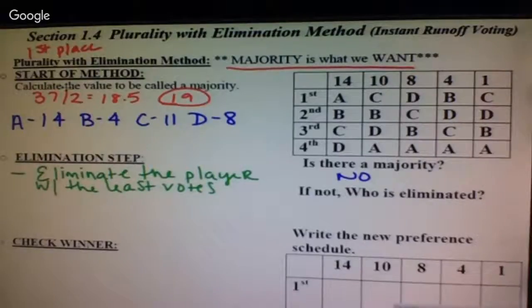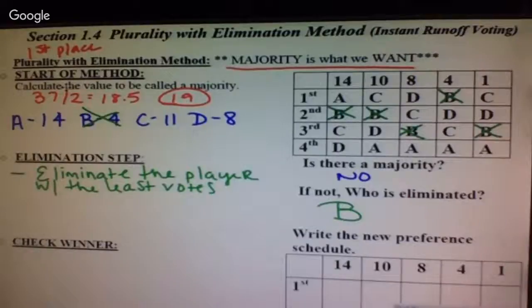So when I do that, who do we say goodbye to? B. B goes bye-bye. So you lose all of your B's in your chart. So we eliminate B.